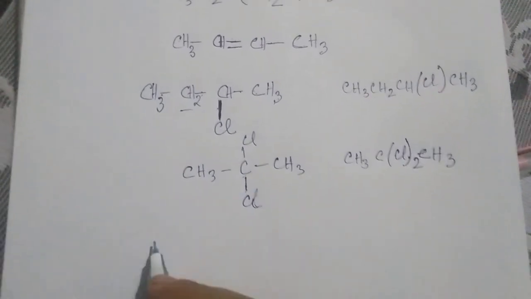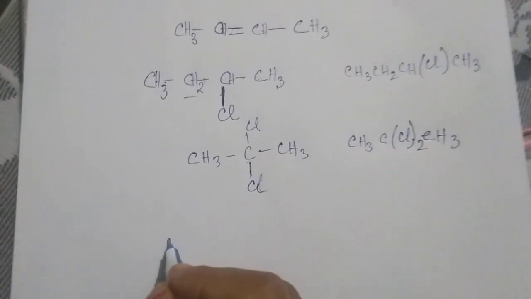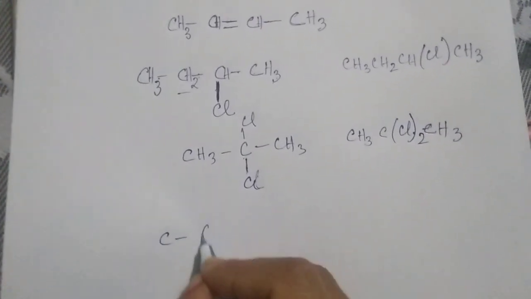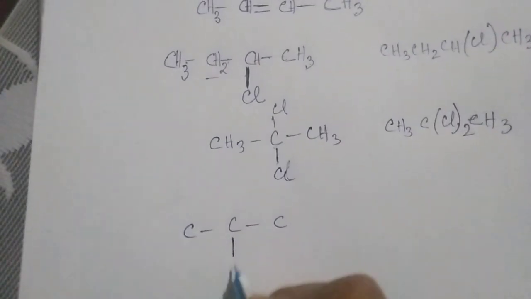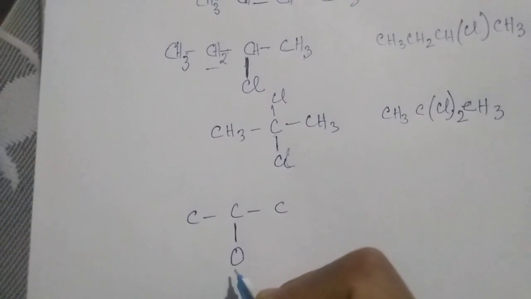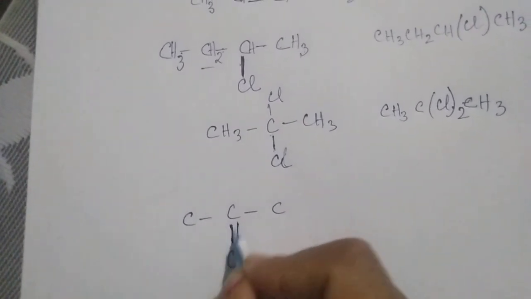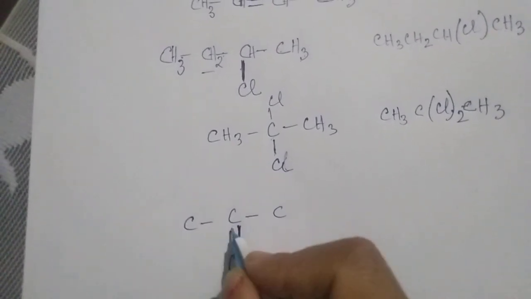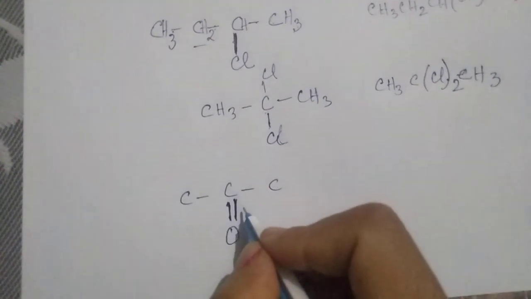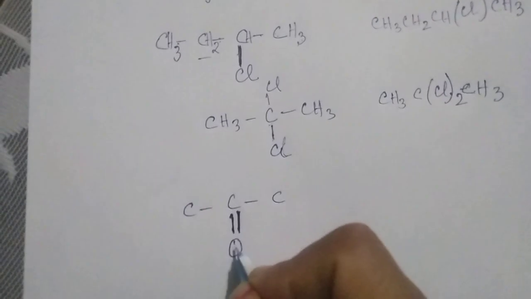Now we can make it for oxygen also. Let us include some oxygen with the carbon. So I have just made some carbon. Okay, and I'll put one oxygen bonded, but oxygen has two valency, so oxygen is always stable with two bonds. Okay, so I have put two bonds here. Oxygen should always have two bonds, either in the form of a double bond or in the form of single bonds. So a double bond should be there with oxygen.